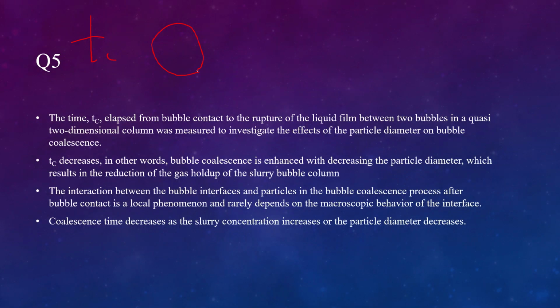Two bubbles come in contact with each other and the liquid film in between gets ruptured. So at that point the bubbles coalesce. The time taken between the bubbles coming in contact and the film in between getting ruptured is known as Tc.